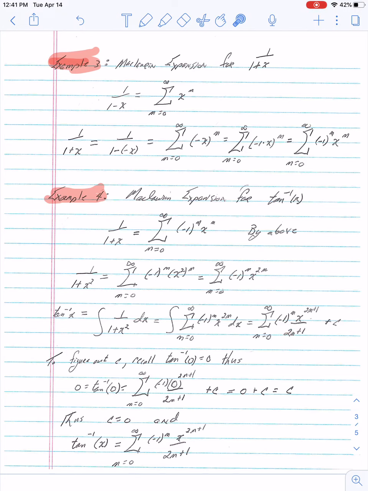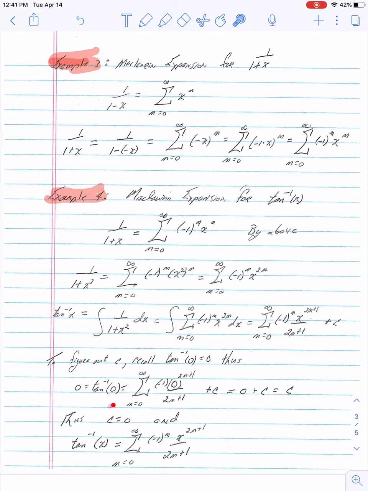0 equals, and then everywhere I see an x here, I stick in 0, and then I have a plus c. Well, you should notice that every term here has an x in it, and when I plugged in 0, it went away. So what I get is 0 add c, which is nothing but c.